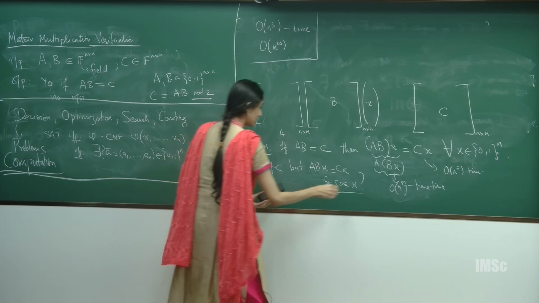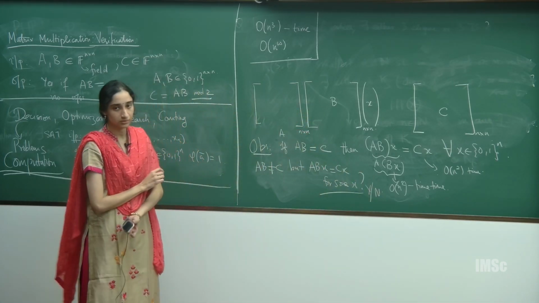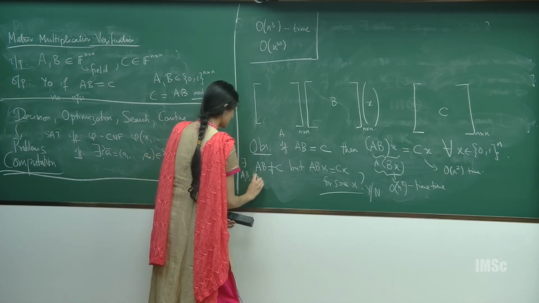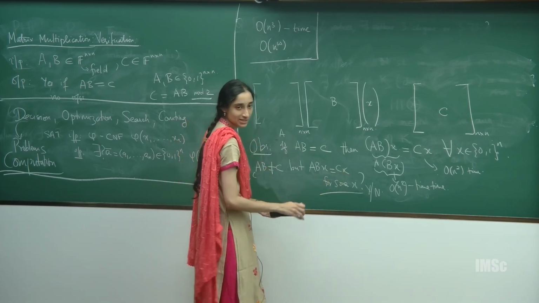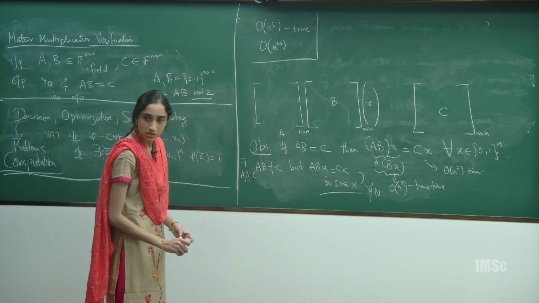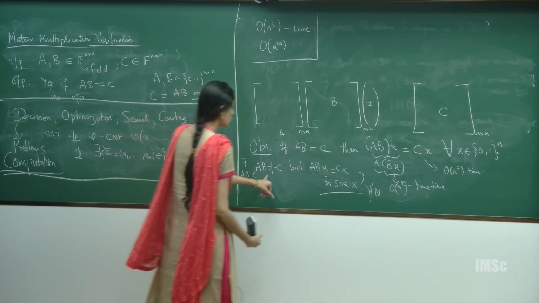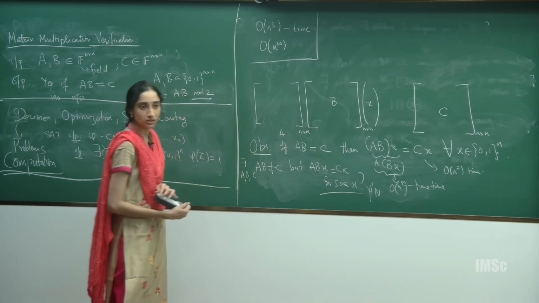Does there exist A, B, C such that AB is not C, but if you multiply with some X, ABX is equal to CX? Suppose the answer is no, that is, no matter what X you pick, if this product is not equal, then this will also not be equal. But suppose that is guaranteed, what can you do to design an algorithm?